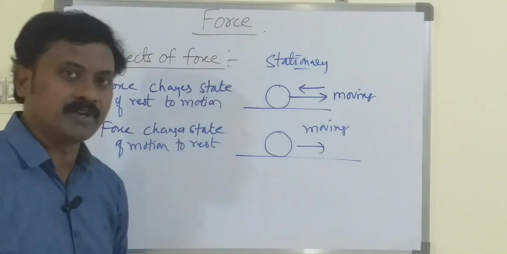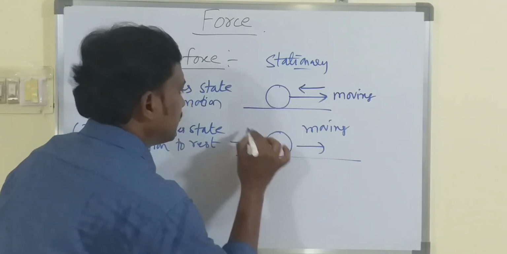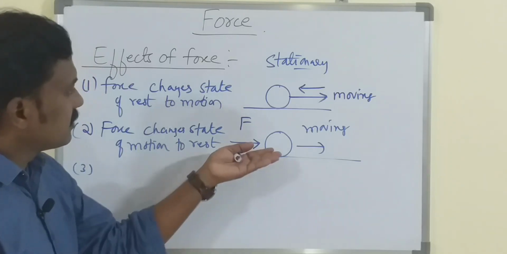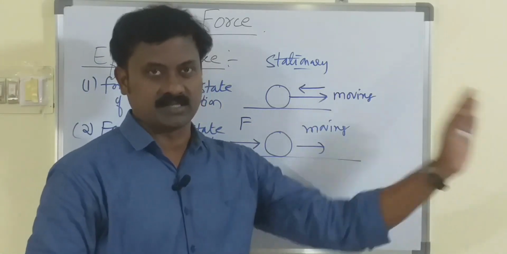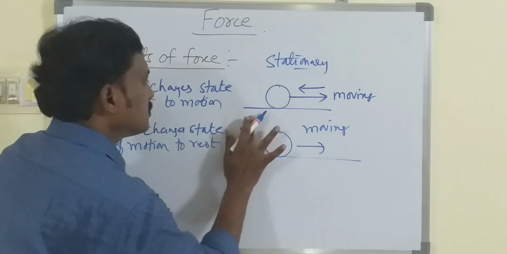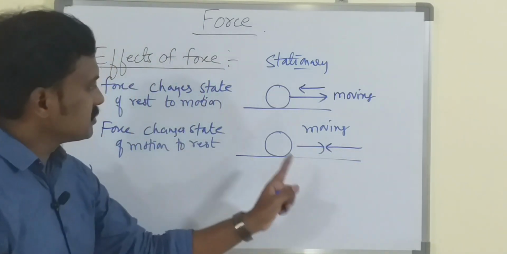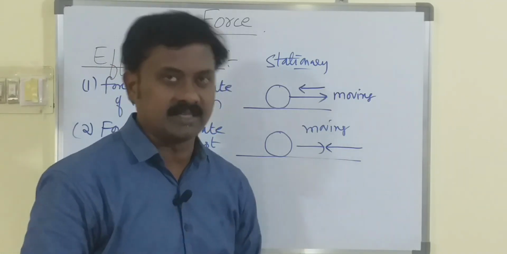Okay. Now third, suppose a ball is moving. Now, when we apply the force in the same direction as the body is moving, what happens to the speed of that ball? The speed of the ball will increase. Or suppose you apply the force in the opposite direction, then the speed of the ball will decrease.